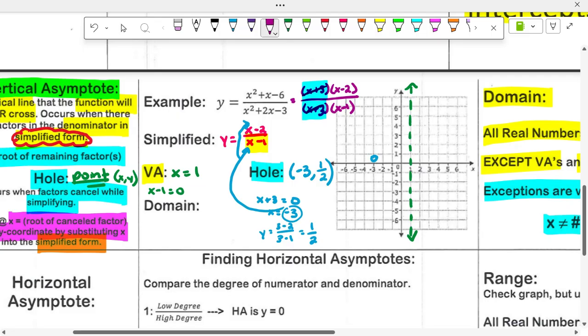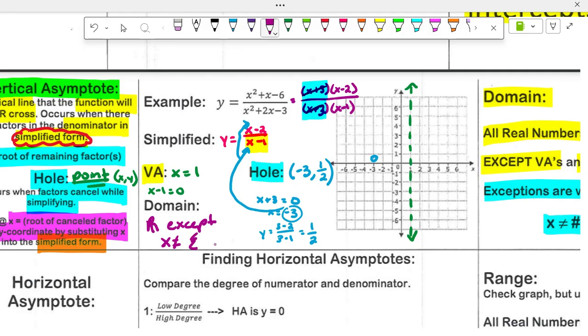So, for example, the domain would be all real numbers except x cannot equal, what's my vertical asymptote again? 1.